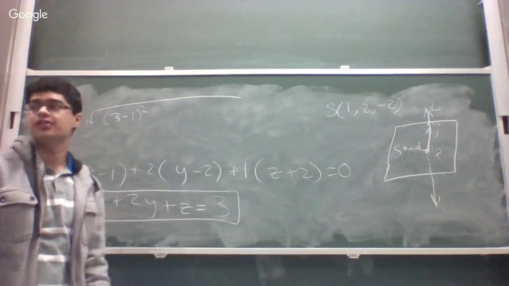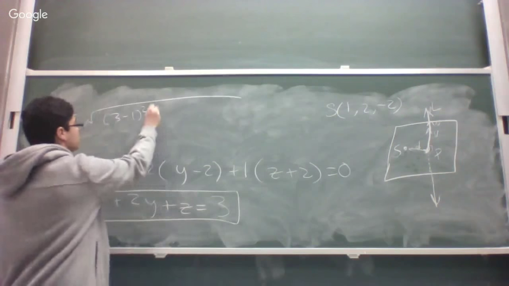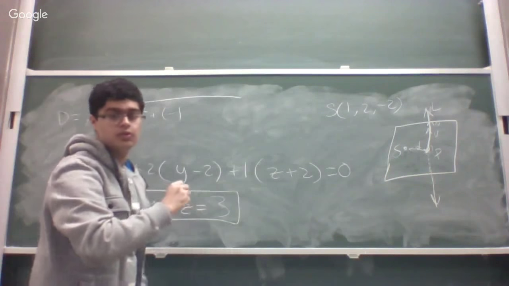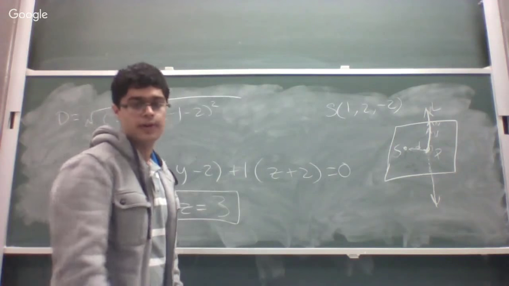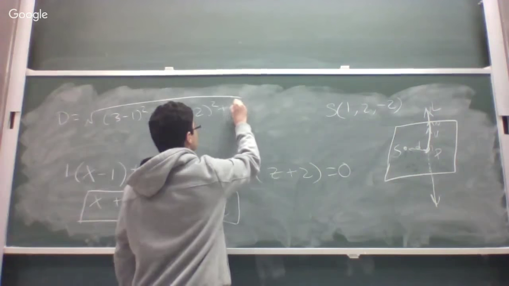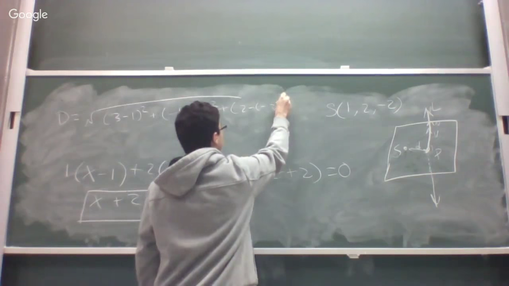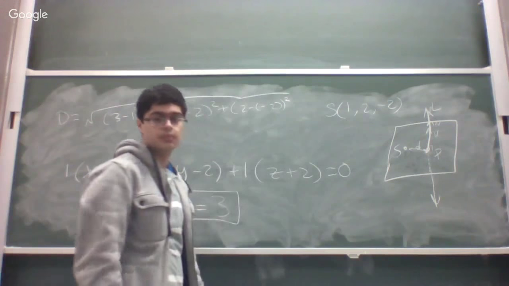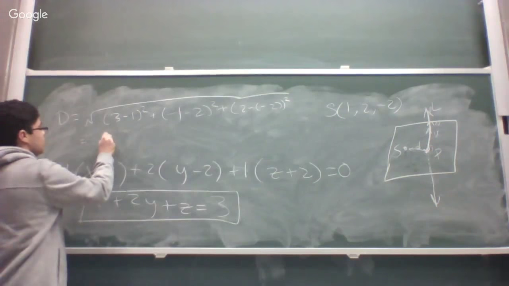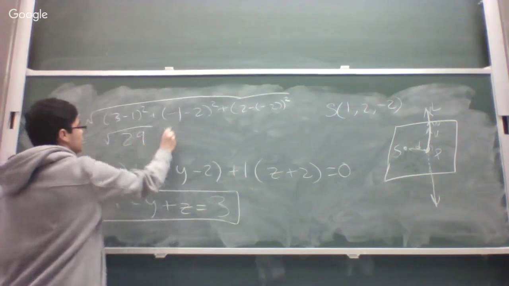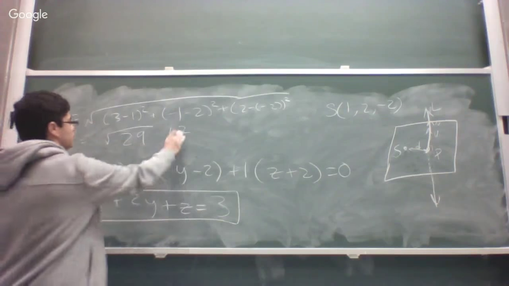Make sure you guys have signed in. If I have that written down correctly, that's the square root of 29 length.